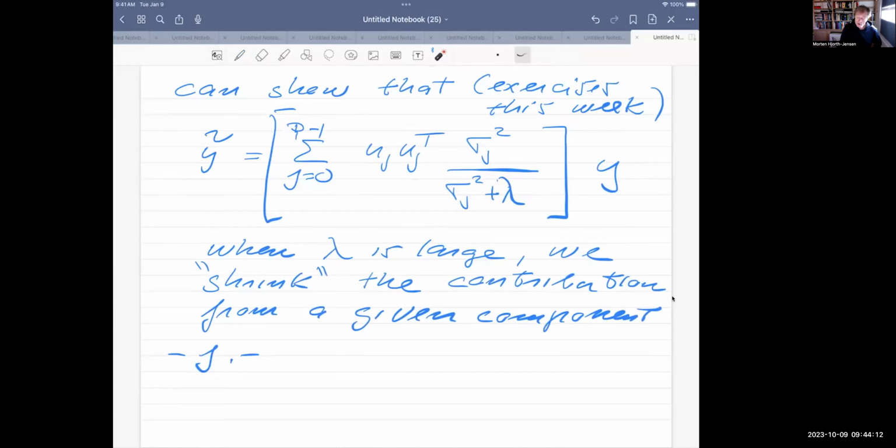We are reducing the importance of some of the parameters, and that's why this is called a shrinkage parameter. We will see specific applications of that next week and the week thereafter. By summing over only specific components, we are reducing the number of degrees of freedom, and at the same time driving some of them to 0 if we make lambda big. If lambda is equal to 0, then we just have ordinary least squares.